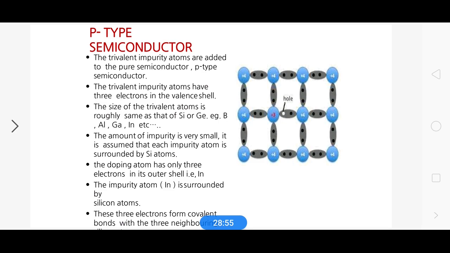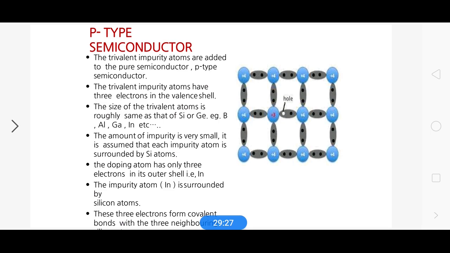Now at the center, consider the trivalent impurity surrounded by the silicon atoms, as you can see in this figure. There are 3 valence electrons in the outermost orbit. So these 3 electrons form 3 covalent bonds with the neighboring silicon atoms.